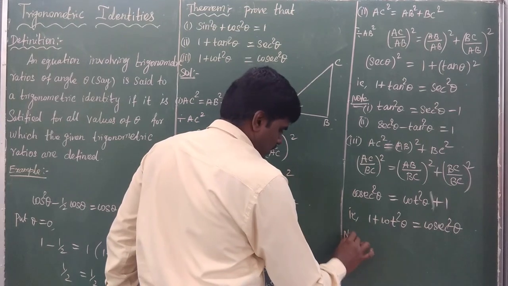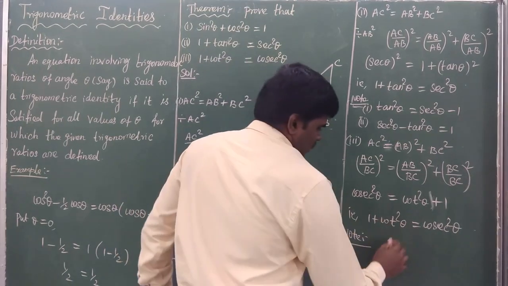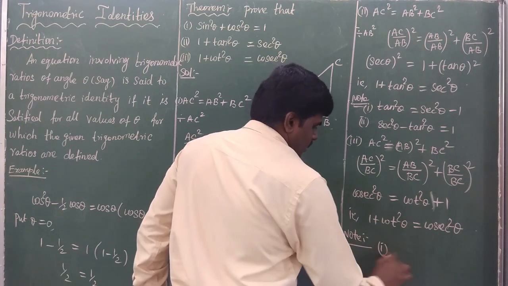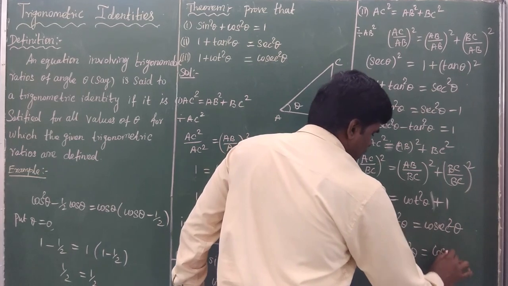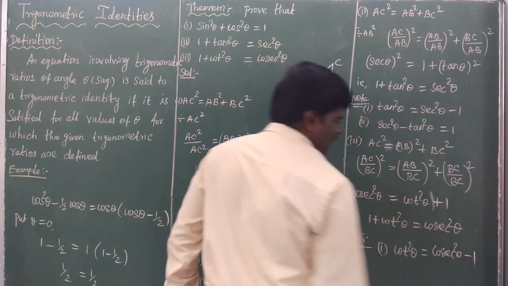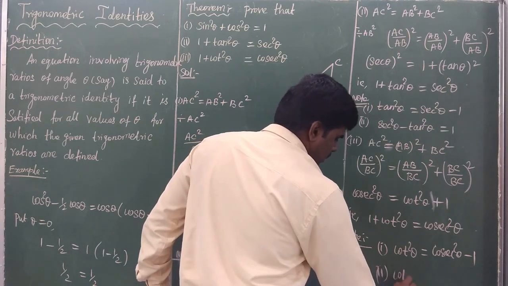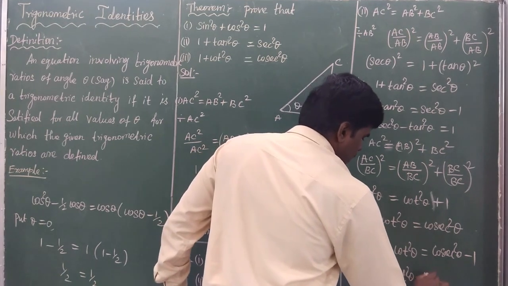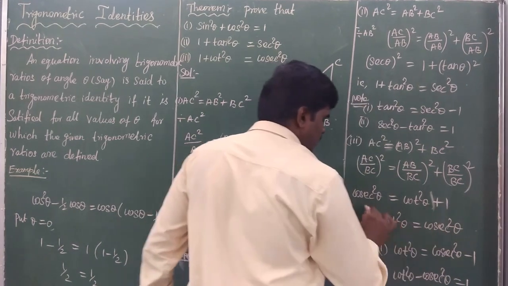In the same way, the equation can be rearranged: cot square theta is equal to cosecant square theta minus 1, or cot square theta minus cosecant square theta is equal to minus 1.